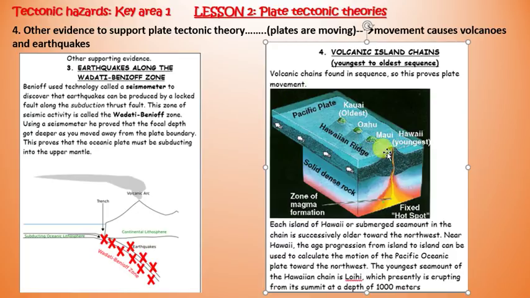They're all in a line or a chain in a sequence where the youngest is where current volcanic eruptions are happening. So we know that's where the hotspot currently is, but the previous older islands are all in a line. That tells you that the hotspot is fixed, but the lithosphere, or the crust, is moving. So it creates a chain of islands.